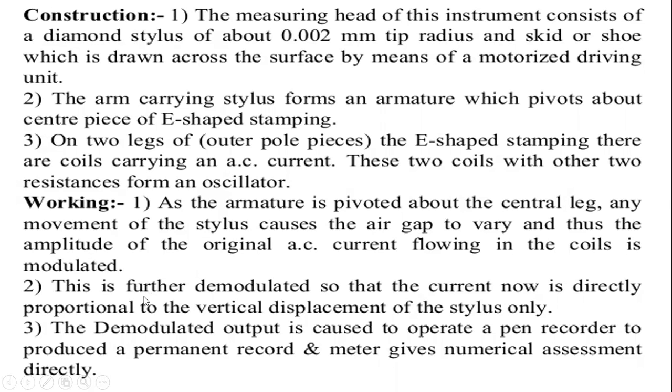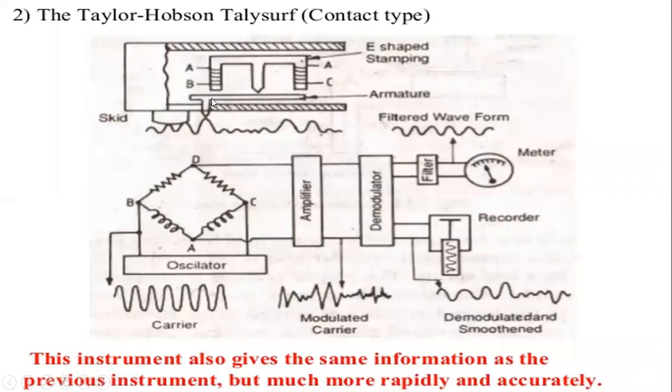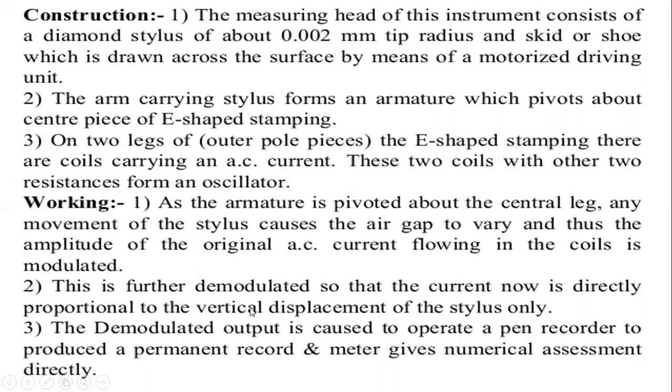This is further demodulated so that the current is directly proportional to the vertical displacement of the stylus only. So this stylus forms the air gaps in the E-shaped stamping.